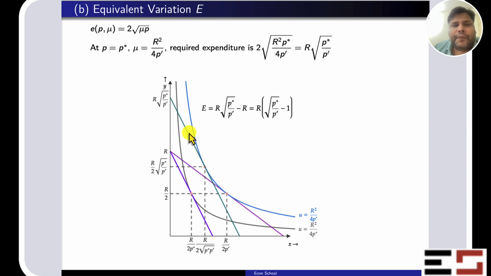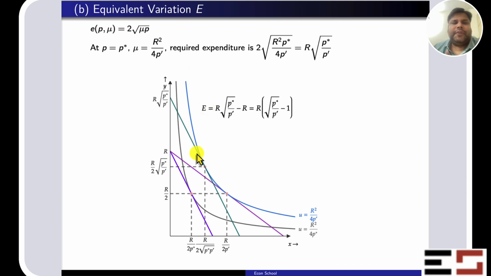So you just want to figure out how much money is required to achieve it. Okay, and then of course, whatever is the additional money that is needed to achieve this level of satisfaction is the value of E. So let us figure that out.